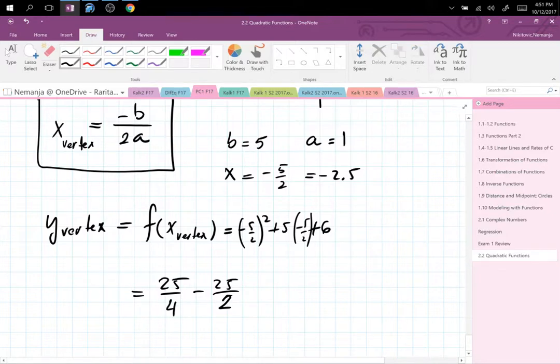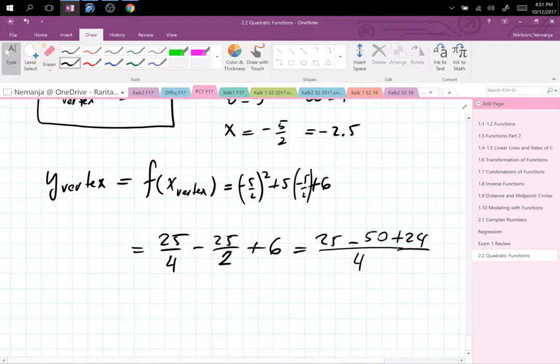The second one is -25 over 2. And then we have plus 6. Common denominator here is 4. So I have 25 minus 50 plus 24. 25 and 24 is 49. Minus 50 is minus 1/4.